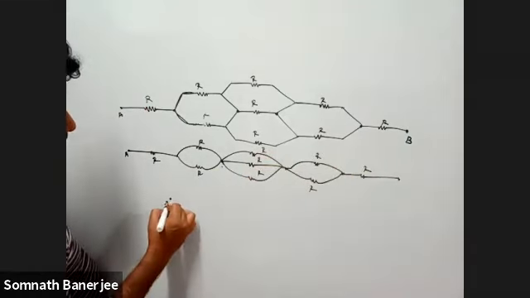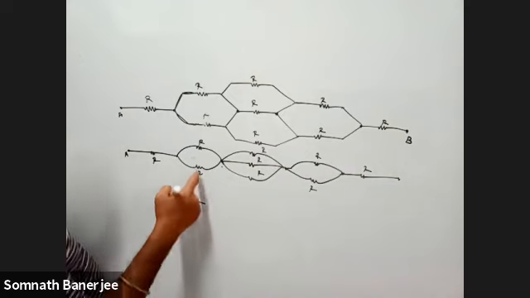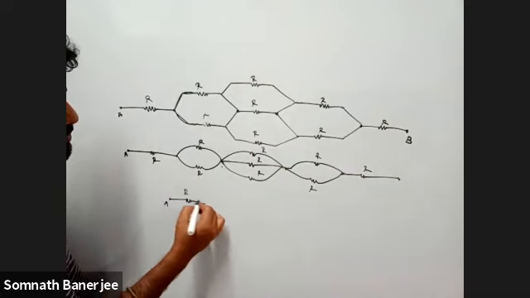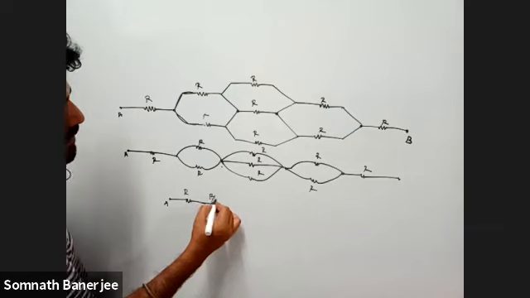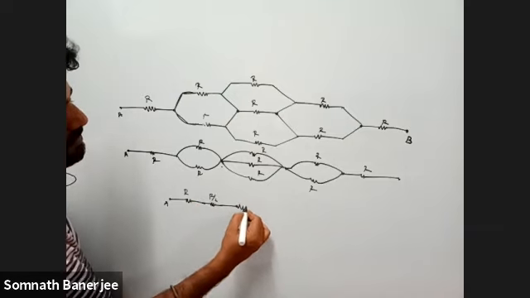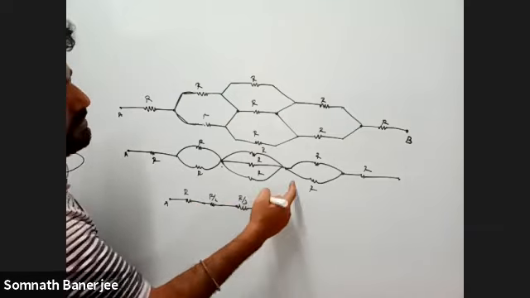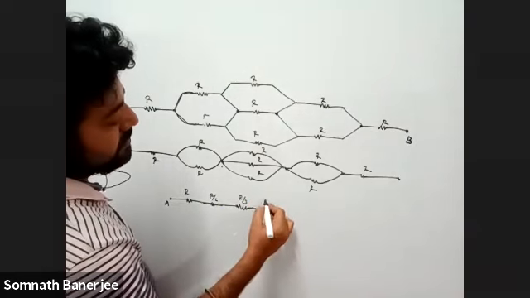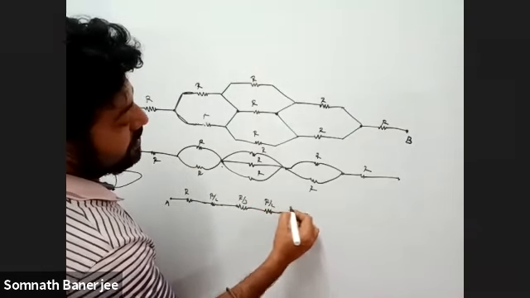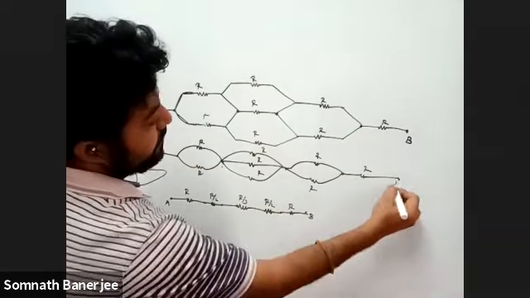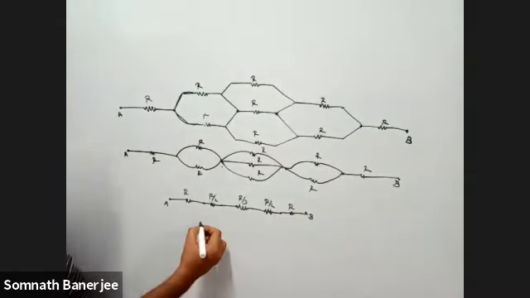So basically you have A, R, then 2 resistances so R/2, then 3 resistances so R/3, then again 2 resistances so R/2, then R, and this point is B. Now these are all in series.